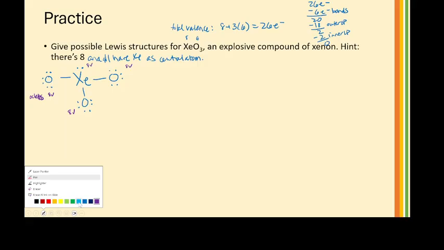Okay, so because xenon is in period, I gotta look it up, period 5. So it can exceed octets. It can have extended octets.